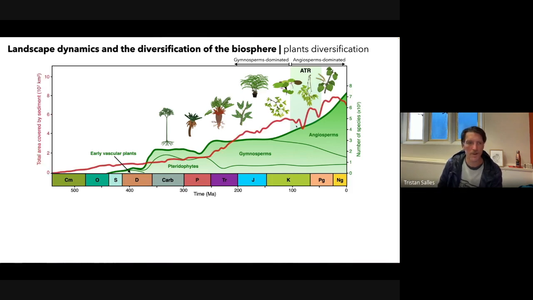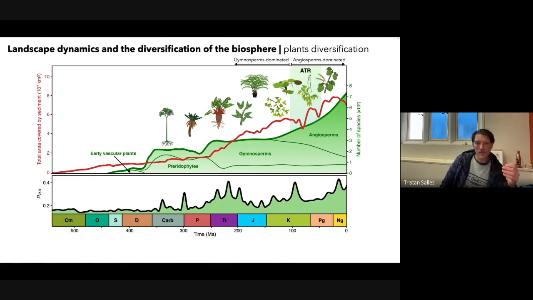So if on top of that we add this time the amount of sediment, or the area of continents that are covered by sediments, this is the red line here. And if we combine that with this time also the diversity of the landscape, which is shown at the bottom here, we find again, if we do a kind of simple linear relationship, a correlation of 0.9, again suggesting a strong relationship between the two.